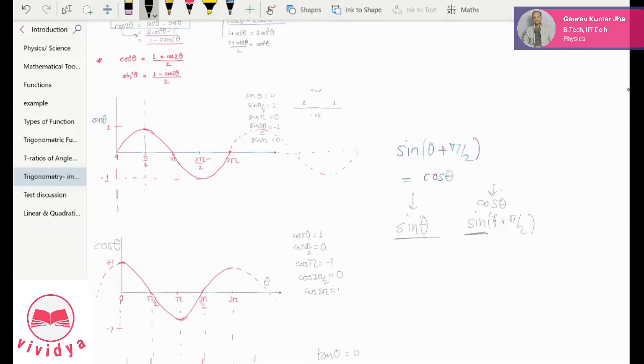Then you can clearly see that cos theta is ahead of sine theta by an angle of pi by 2, or we say it is ahead by a phase of pi by 2, in technical terms.